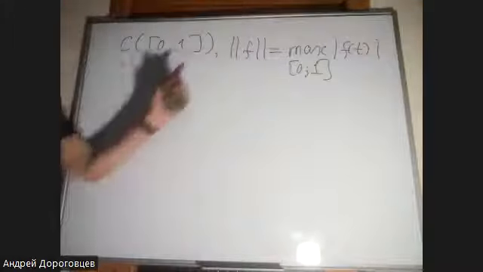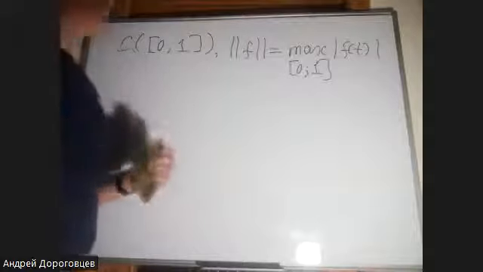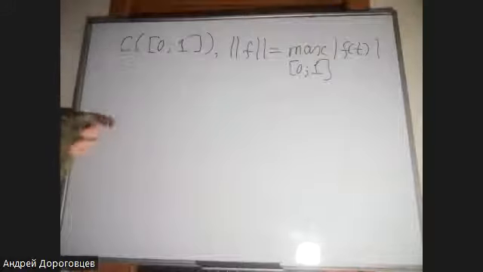It can be checked that this is a norm. It can be checked that this is a Banach space, so it is complete with respect to the norm, due to the fact from calculus that the uniform limit of continuous functions is a continuous function.